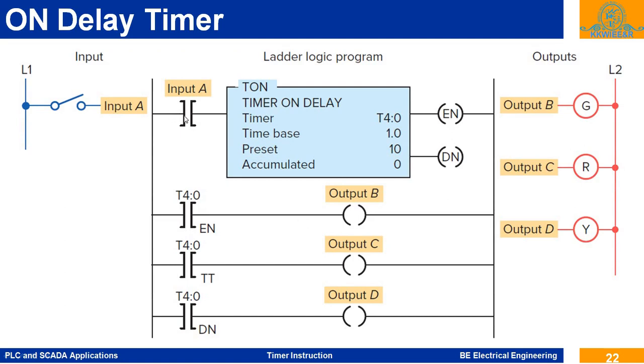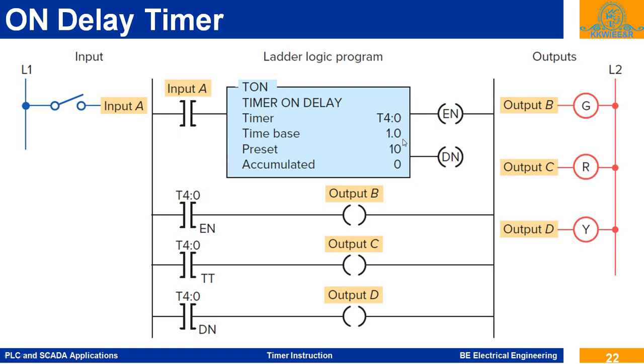So this is an input instruction, a time on delay timer, then the enable bit, TT bit, and done bit of the T4:0 timer. Here we have to mention the timer address T4:0 out of 256, meaning which element you are using.